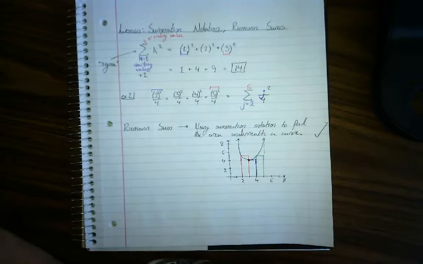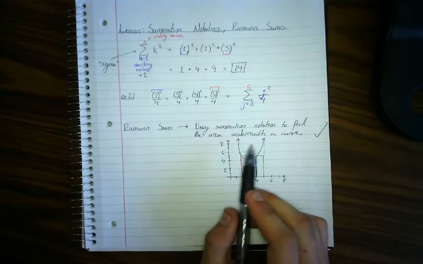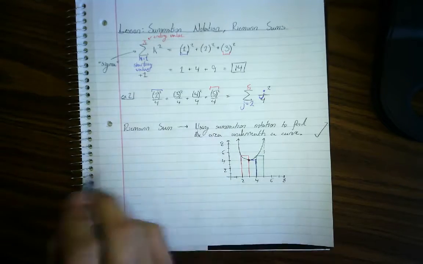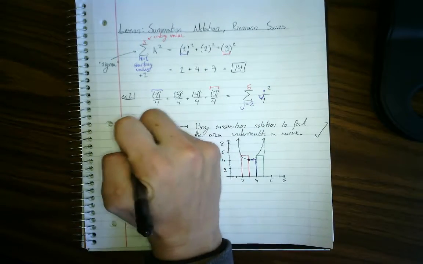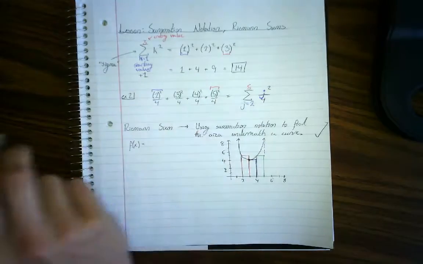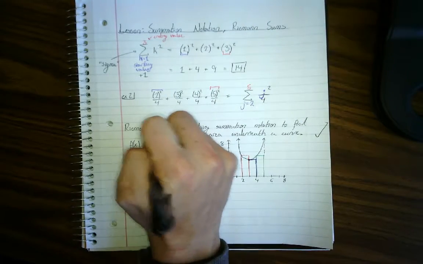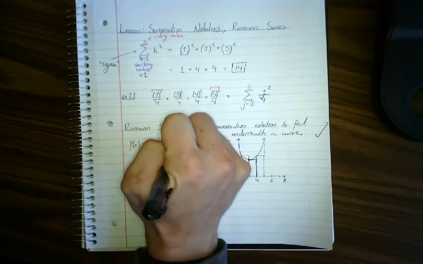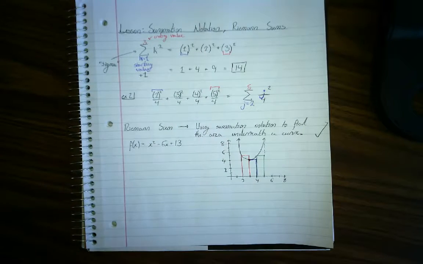Okay, guys, hopefully you're back. What we have right here is a parabola represented by the equation f of x equals x squared minus 6x plus 13.